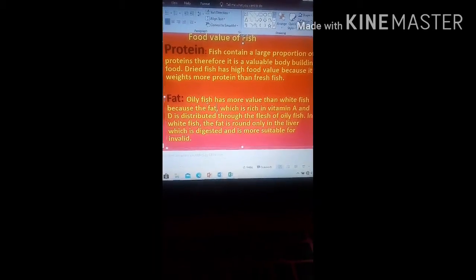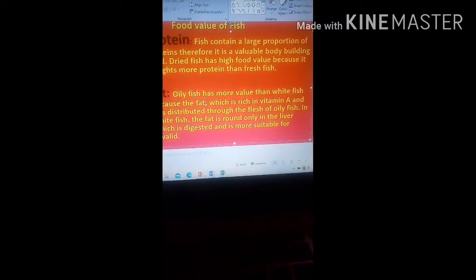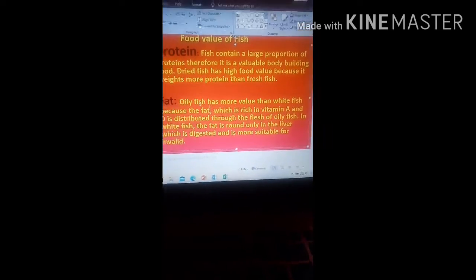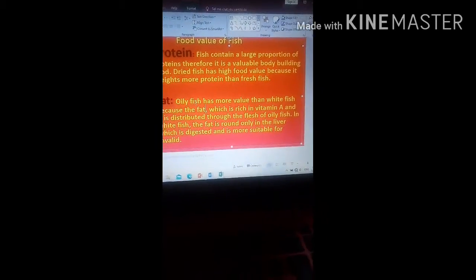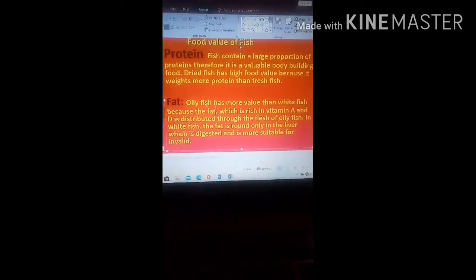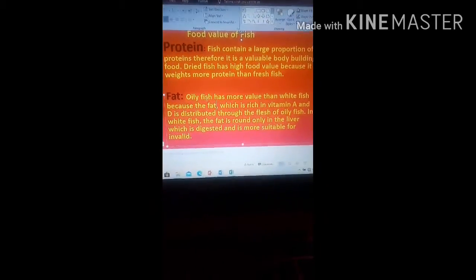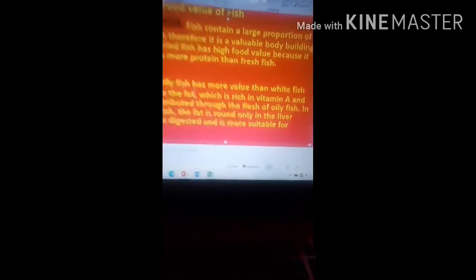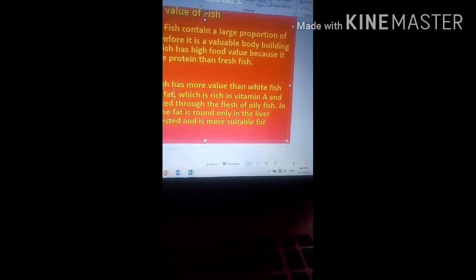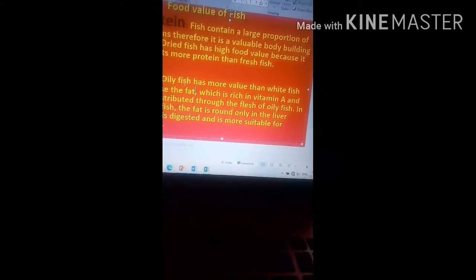But in white fish, the fat is around only the liver, which is digested. And this kind of fish is suitable for the invalids, that is people that are sick in the hospital, that are in hospital bed. It is good for the invalids and the convalescents. That is some people that are just recovering. They are still in the hospital bed, but they are still recovering.